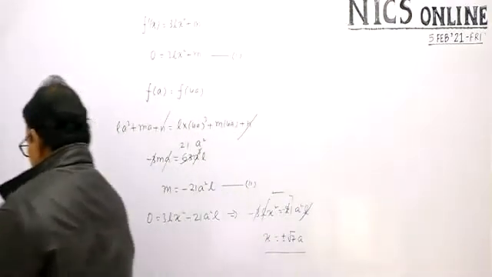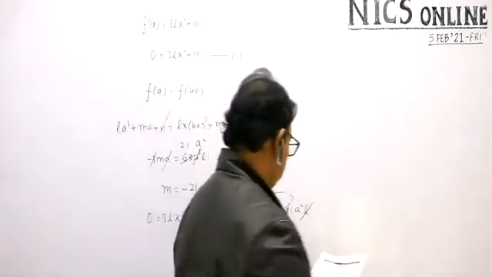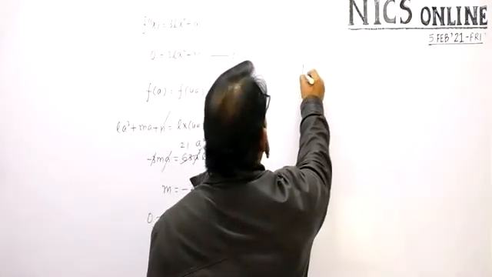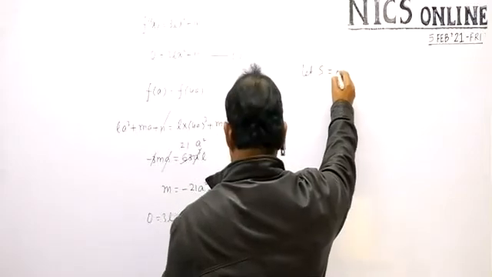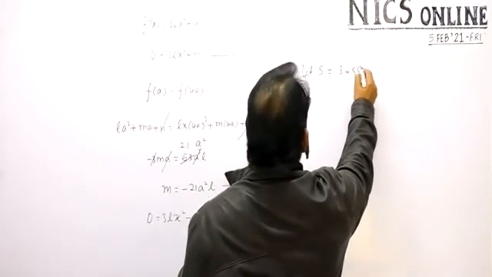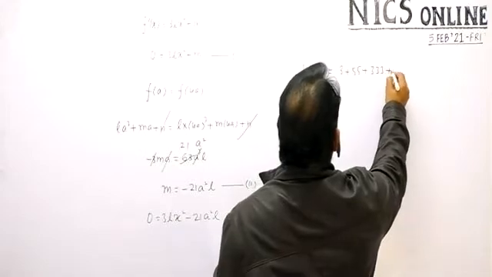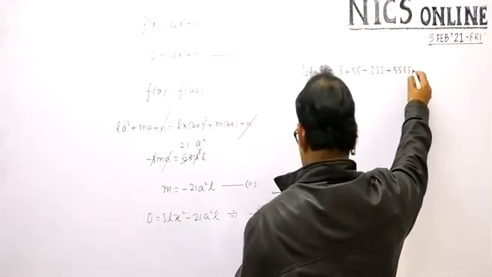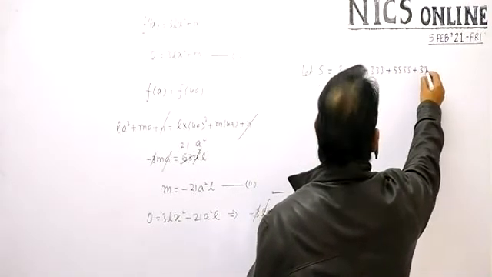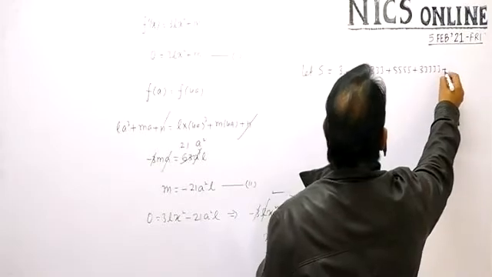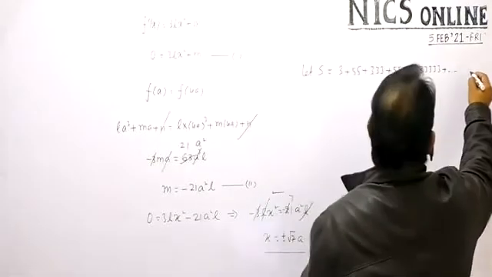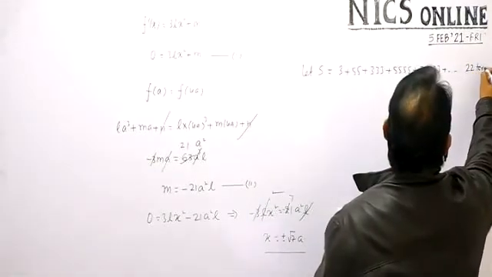I write the next question. Meanwhile, you can copy it. Let S is equal to 3 plus 55 plus 333 plus 555 plus 33333 up to 22 terms. This is a sequence given to us.